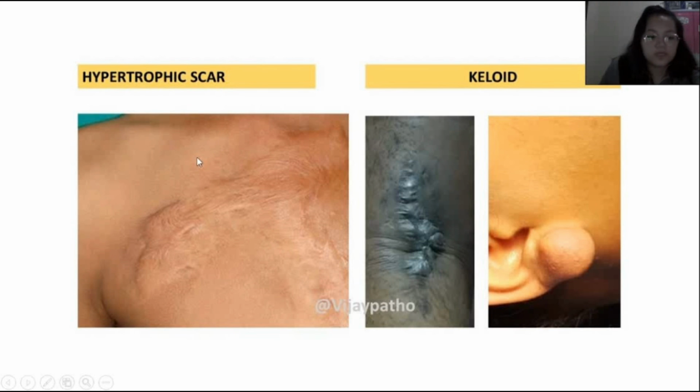The scar is raised but it is confined within the boundaries of the given wound. Look at this keloid, this is also abnormal. This is also a raised scar, but it has gone beyond the confines of the wound. This is another example showing keloid of the earlobes. Remember, earlobe is one of the most common sites of occurrence of keloid.